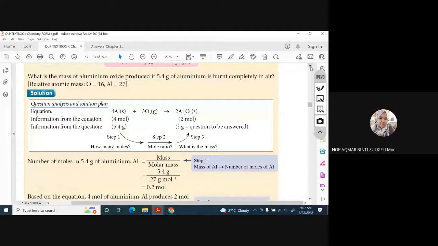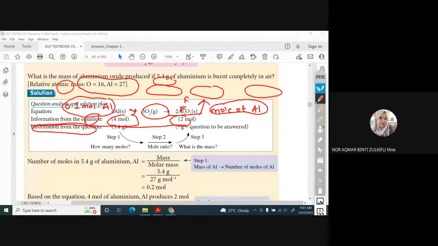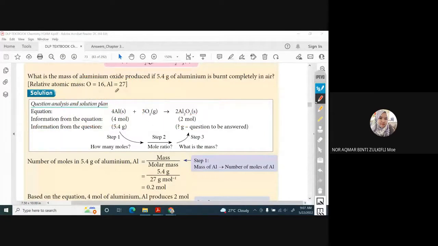Ini from the equation here. Kita compare. Okay, we compare the equation here. 4 aluminium and 3 oxygen produce 2 aluminum oxide ini. Because kita nak cari mass ini kan. So kita kena compare lah.